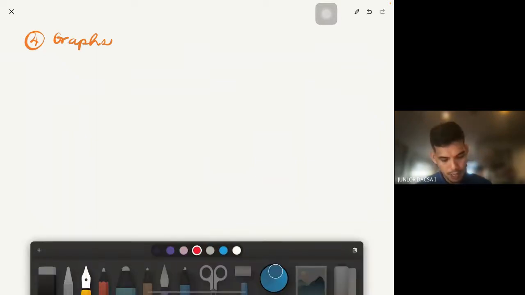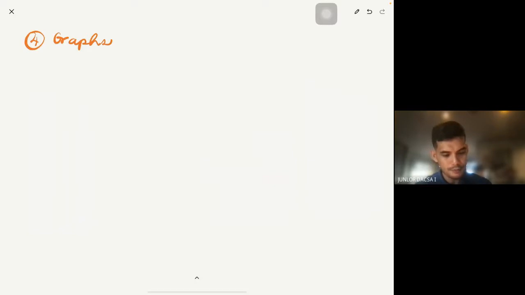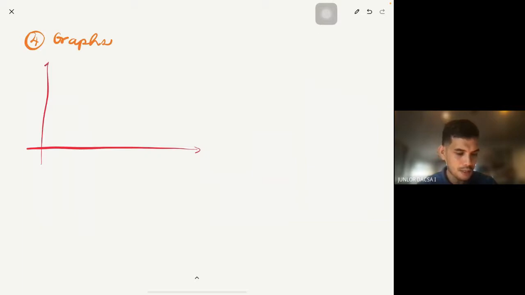So let us say we have the horizontal line, which is your domain. And the vertical line, let us say this is our range.